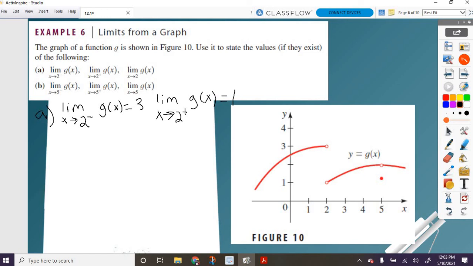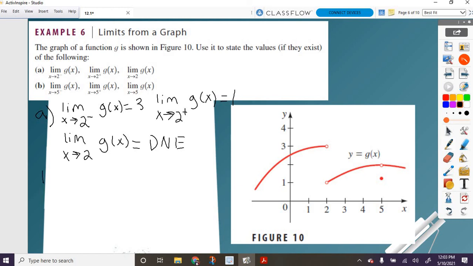Now, does 1 equal 3? No, it does not. So that means that my overall limit does not exist, because my left-handed limit and my right-handed limit have to be the same thing in order for my overall limit to exist.